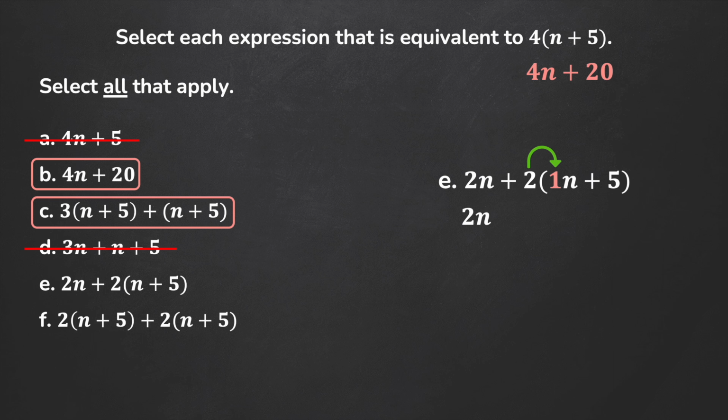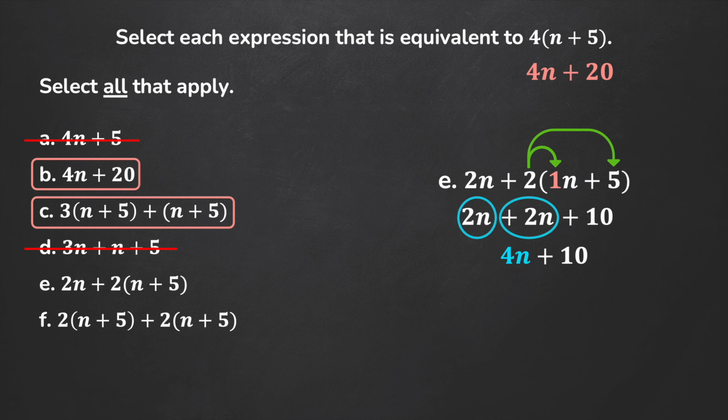Now let's distribute. 2 times 1n is 2n, and then 2 times 5 is 10. Now let's combine like terms. 2n plus 2n is 4n, and then we just have the plus 10 left over, so we could bring that down. And 4n plus 10 is not equal to 4n plus 20, so E is not a solution.